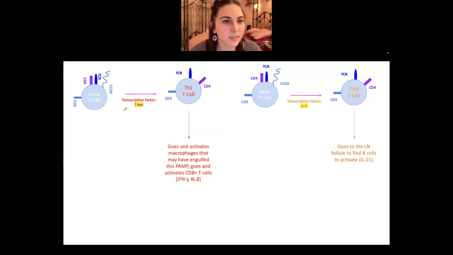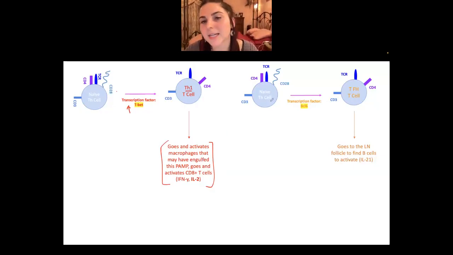So again, this received IL-12 and interferon gamma, so it's going to upregulate transcription of T-bet to make our Th1 T cell. This guy is going to go and activate macrophages, maybe that have engulfed the PAMP. It can go find CD8 positive T cells and release different types of cytokines to activate CD8 positive T cells, whatever it wants to do.